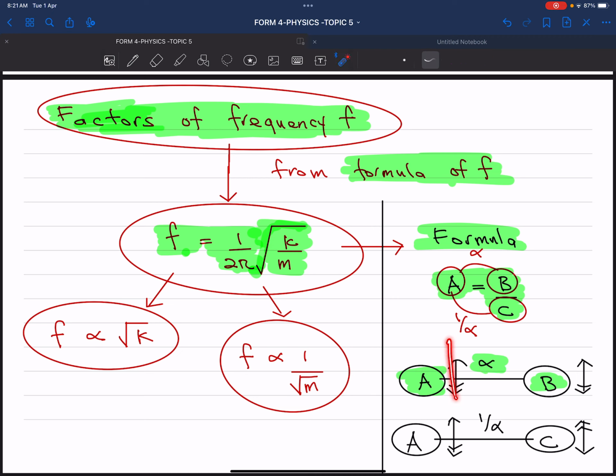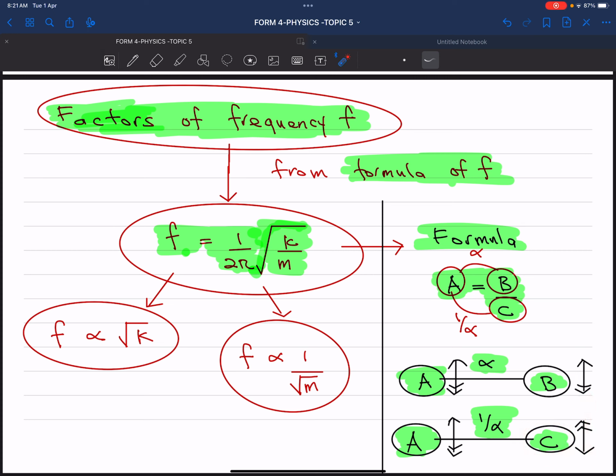It means if A increases, B increases. A decreases, B decreases. And A inversely proportional to C means that when A increases, C decreases, and when A decreases, C increases, the opposite.